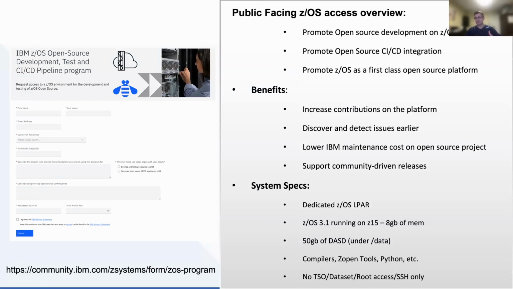It also allows us to enable CI/CD pipelines for these open source projects so that they can target z/OS. And it really just gives us an ability to make z/OS a first-class platform by inviting volunteers who may not necessarily have access to z/OS. So this is a great way, and the link is provided here. You can fill in the form, let us know how you would like to contribute or how you would like to use these tools in open source z/OS systems so that you can start contributing today.